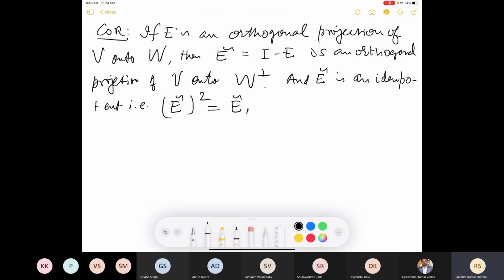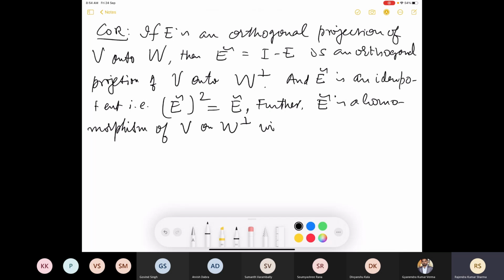And E tilde is a homomorphism of V onto W orthogonal with the kernel W. This is what I wanted to do as the projection.